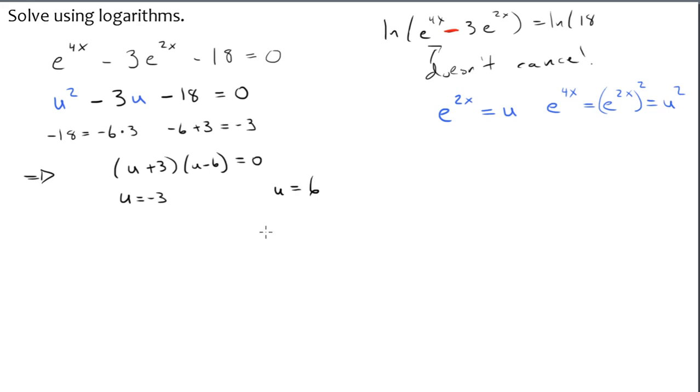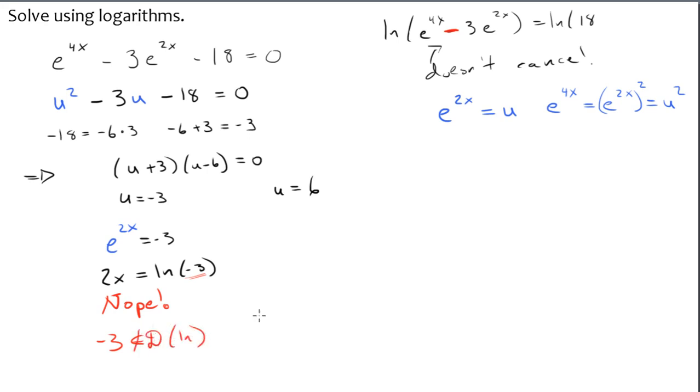But what was u? e to the 2x is equal to negative 3. So 2x is equal to the natural log of negative 3, which is a big, giant, nope. Negative 3 is not in the domain of the natural log. It needs to be greater than 0.